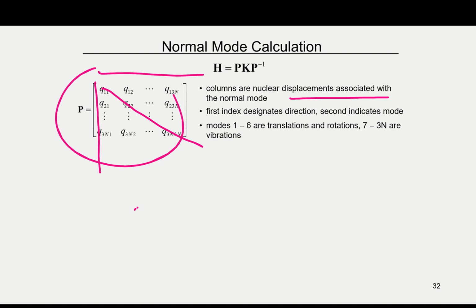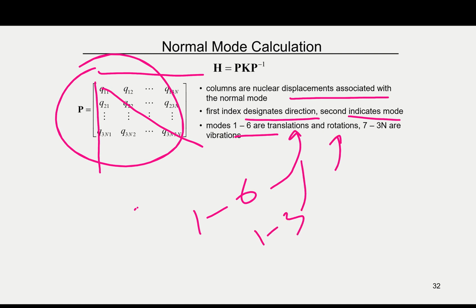The first index designates direction, and the second indicates the mode. From 1 to 6, there are translation and rotation: 1 to 3 will be translation, and 4 to 6 will be rotation. Onward, 7 to 3n, they all are vibration.